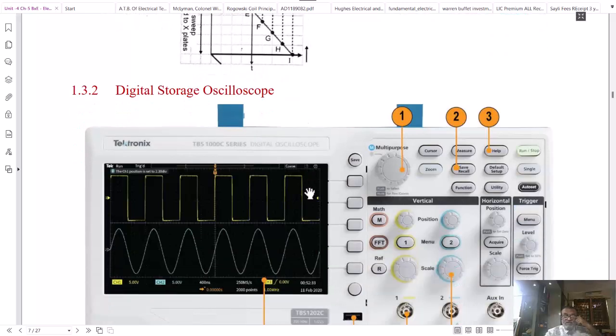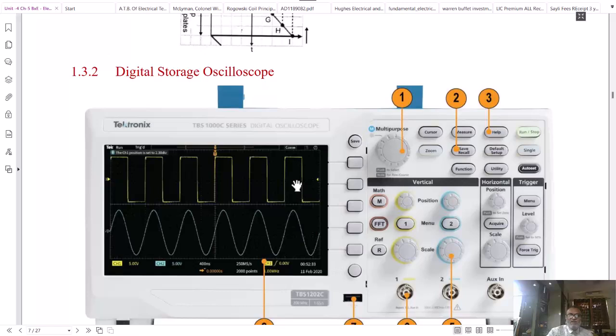The digital oscilloscope or digital storage oscilloscope is similar, but the processing of the external signal to be measured is done via digital circuits, and the display is done on an LCD screen, which is different from the CRT based display system.